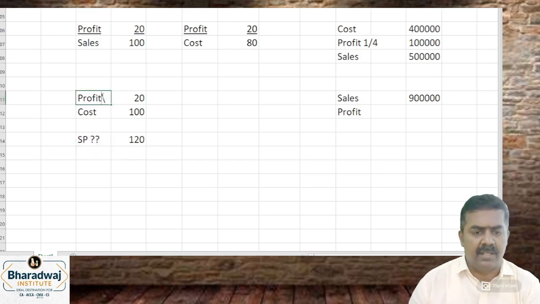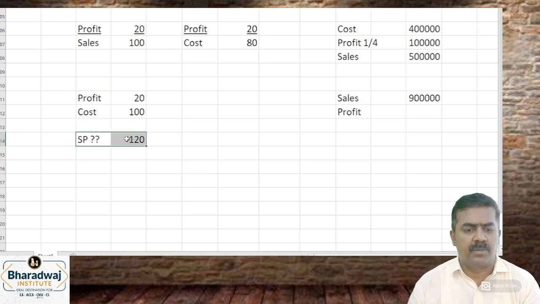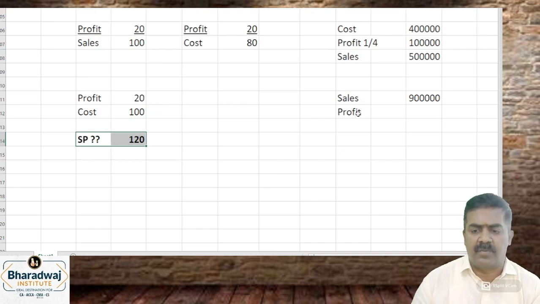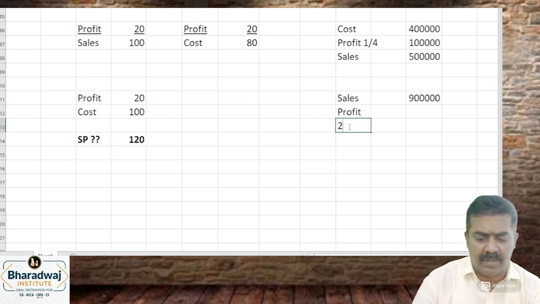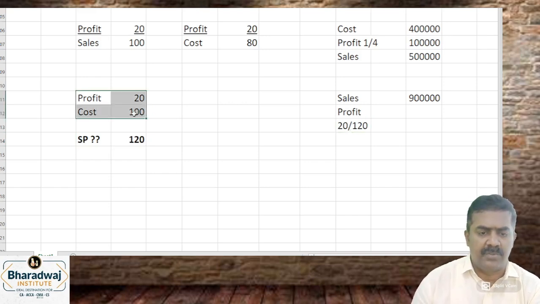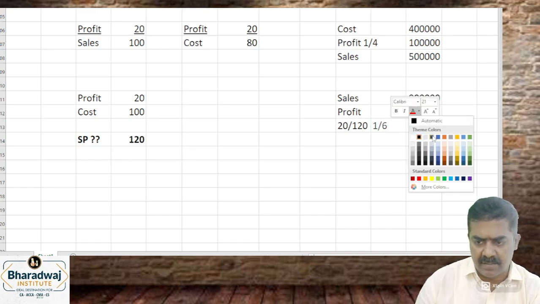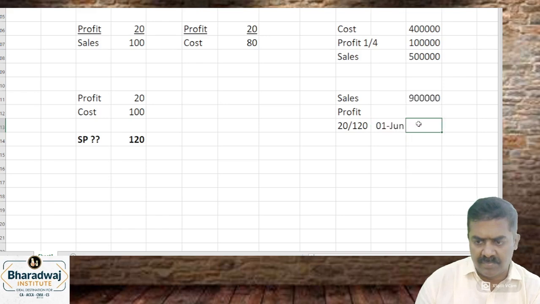Profit 20, cost 100, selling price is 120. So what is the profit on sales? 20 by 120. Or you can say 1/5 on cost, 1/6 on sales. Nothing but 1 by 6 on sales. How much will it be?